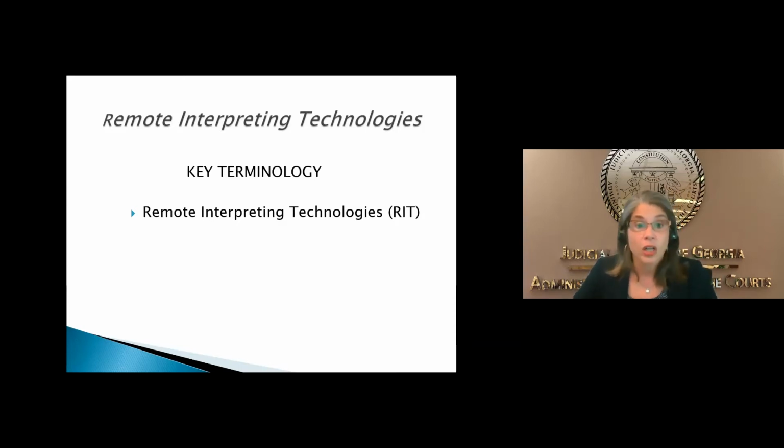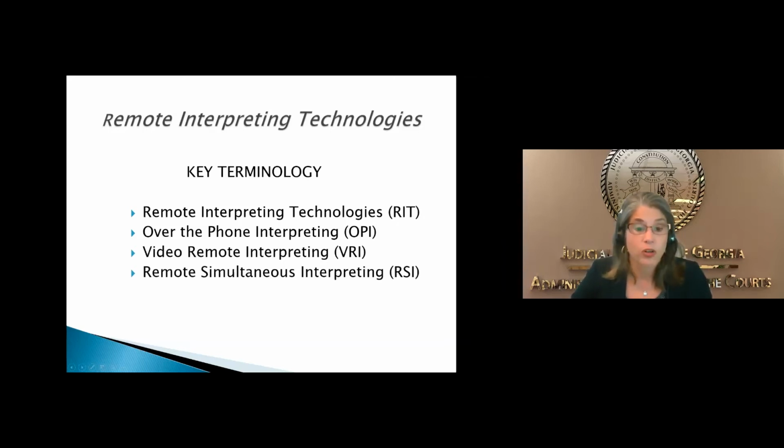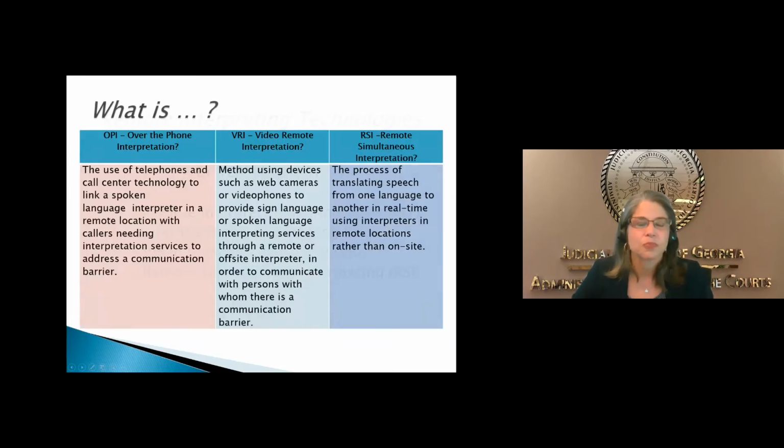Now, it takes on many modalities, which include over the phone interpretation, which is really kind of self explanatory, but it does have some nuances. Video remote interpreting, which uses teleconferencing services to provide interpreting services, and remote simultaneous interpreting, which is one of the most exciting developments of remote interpreting technologies in the last couple of years.